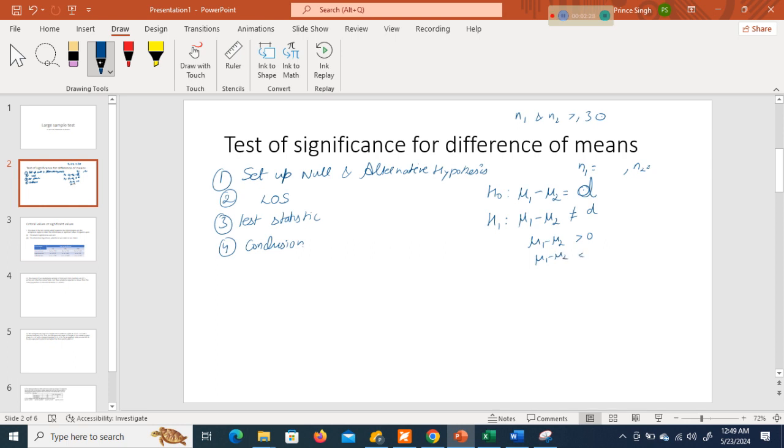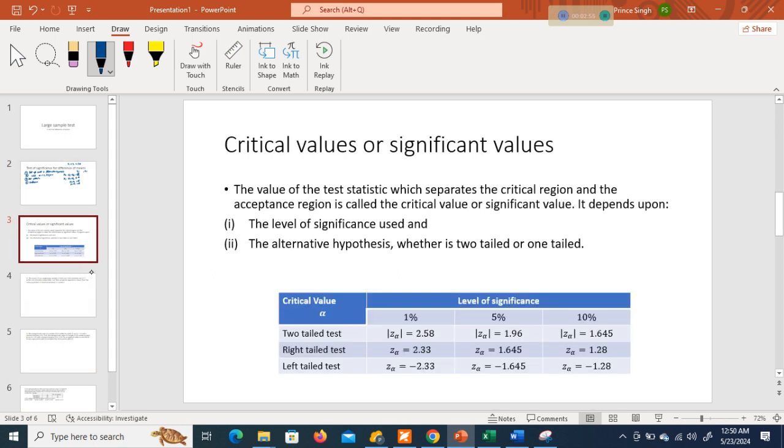That is, it is either a one-tail or two-tail alternative. Based on the given information we decide whether one is greater than the other, or smaller than the other. On the basis of that we then select the level of significance, either 1%, 5% or 10%, and we take the critical value.